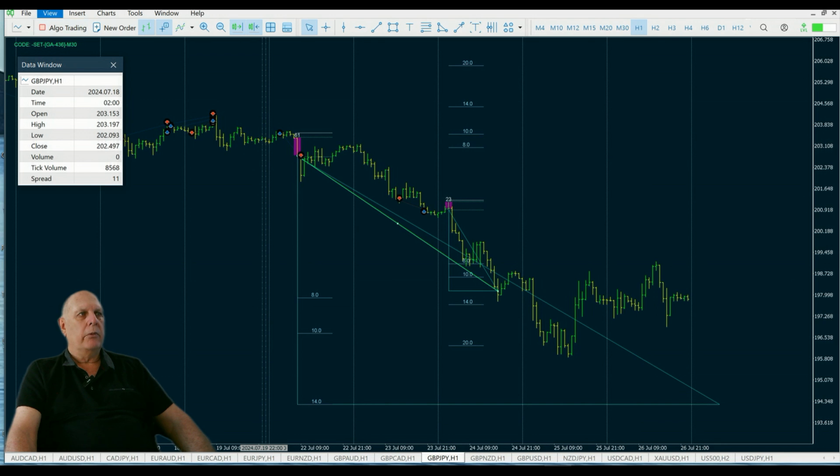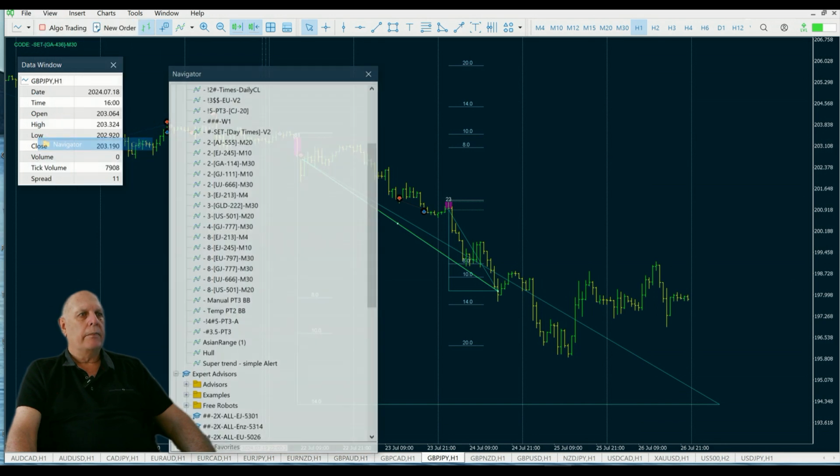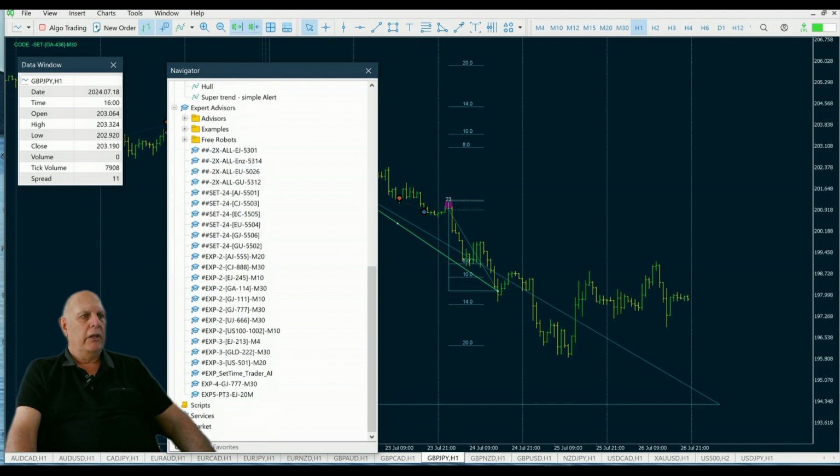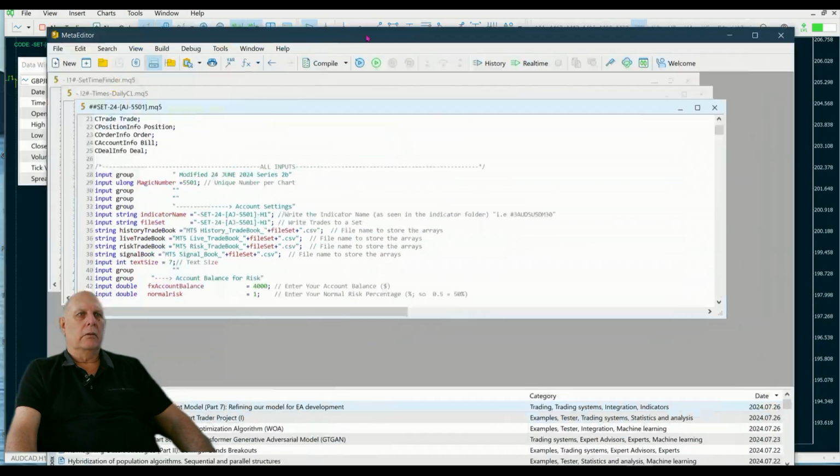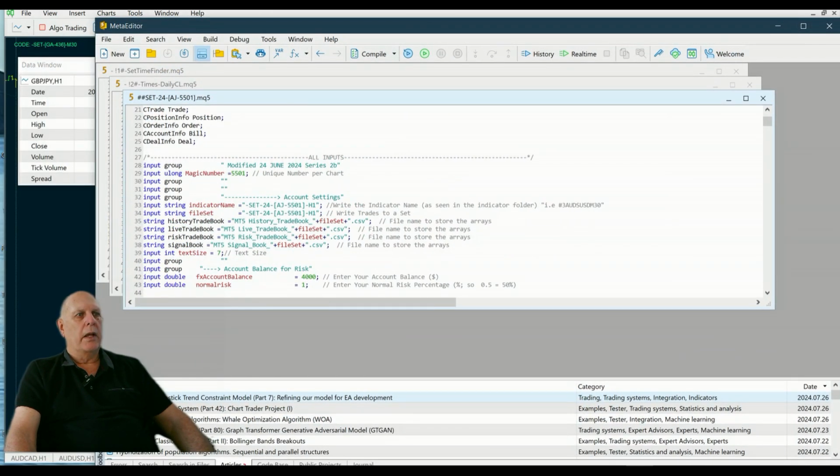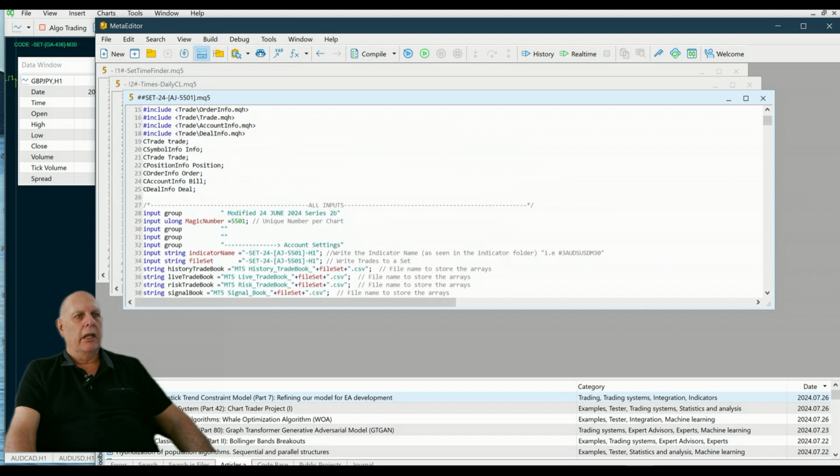And then over here we have the navigator. And this is the simple EA that's made up especially for it. And our magic number is 4 numbers in these ones here.